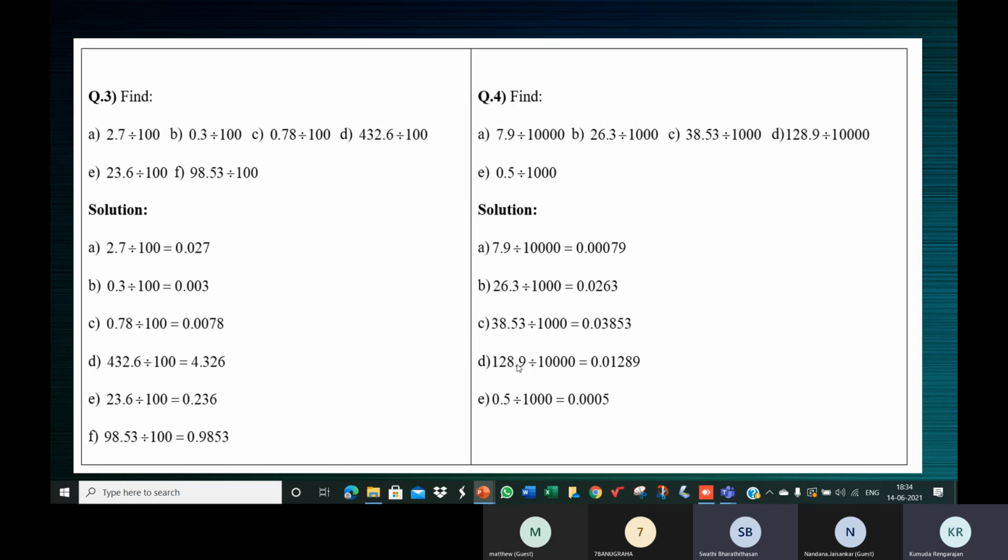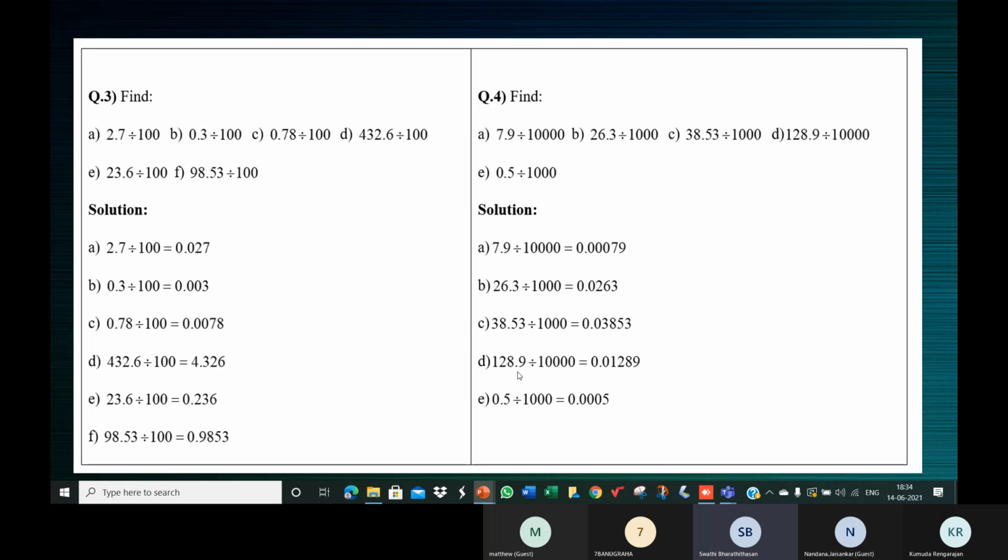Here there is only one decimal point, so it will be changed as 1289 by 10. And then we have to divide it. The second number should be changed into reciprocal. I want you to explain this method. Yes, ma'am.